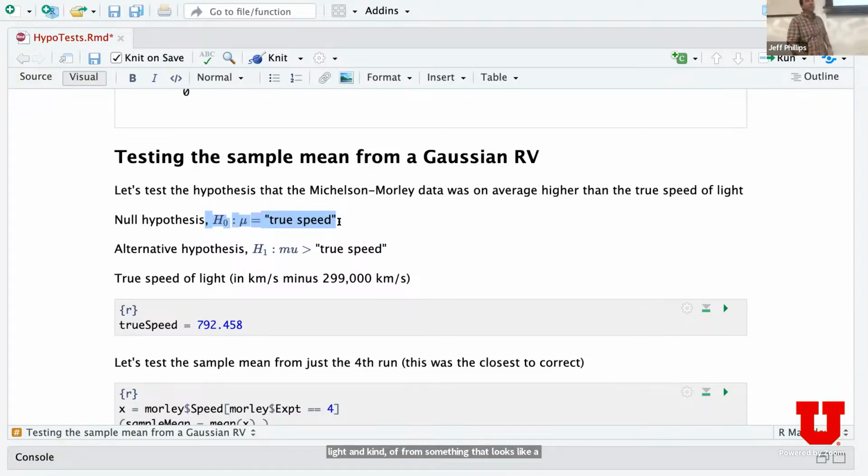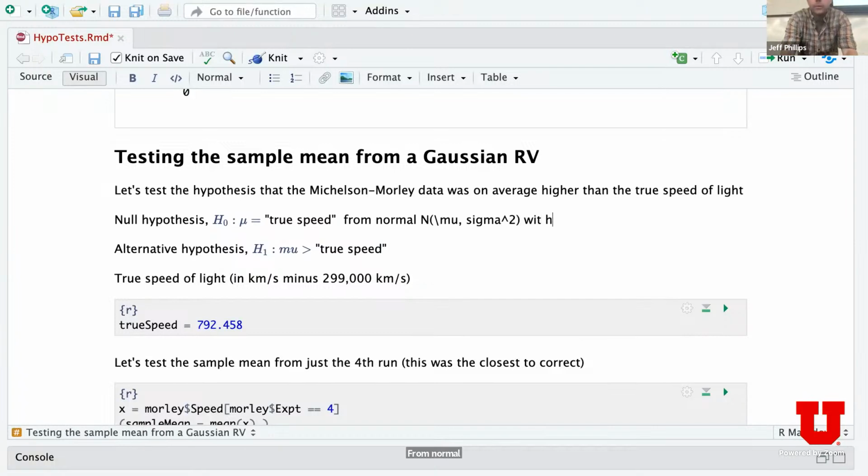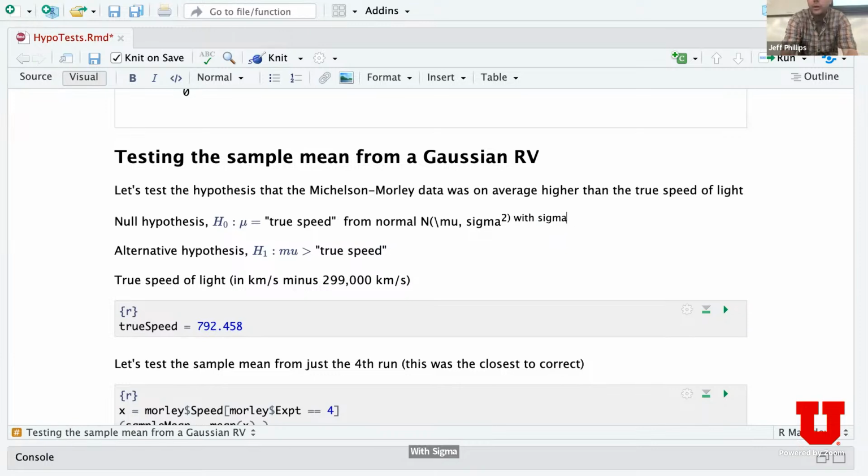I said Gaussian here, but implicitly this is a normal distribution, with sigma squared unknown.